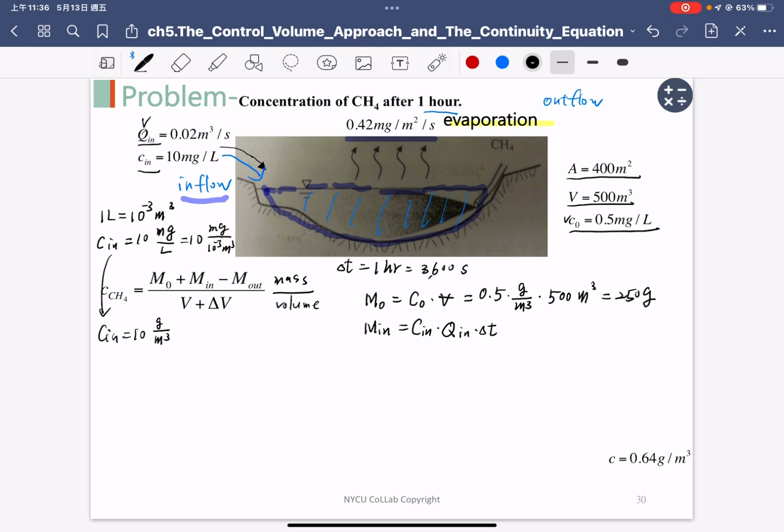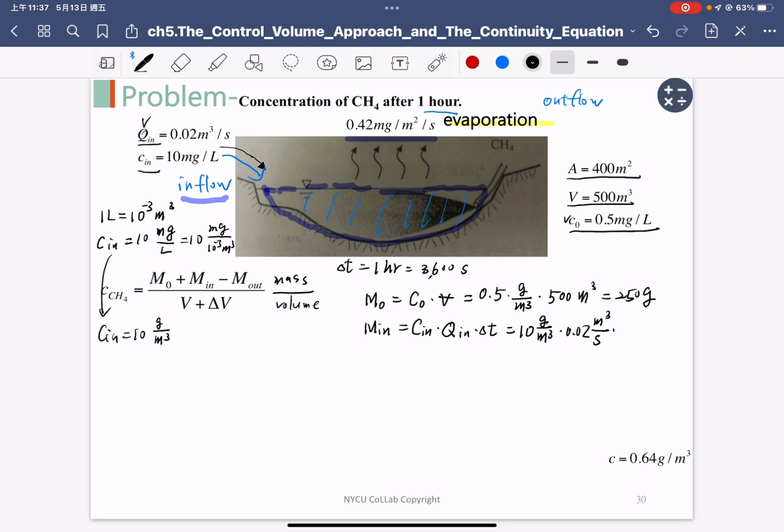The inflow concentration is 10 g divided by cubic meter, and the discharge is 0.02 meter cubic per second, right?